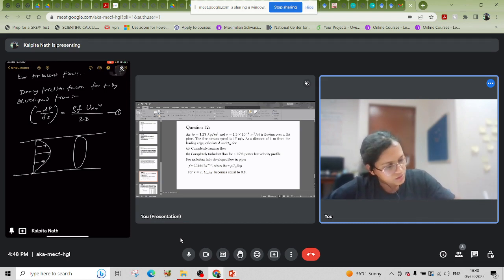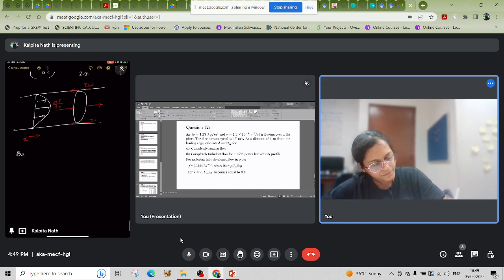So let us change another color. This side is tau w, this side is dp dx, and this side is again tau w. This is x direction.